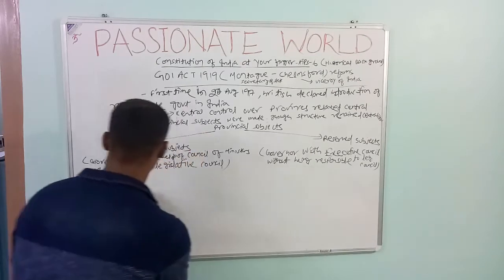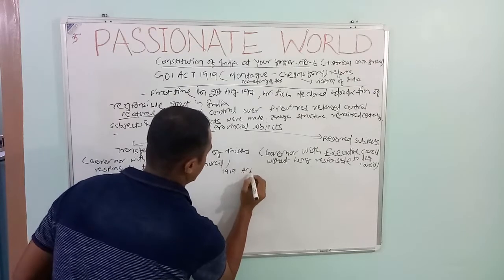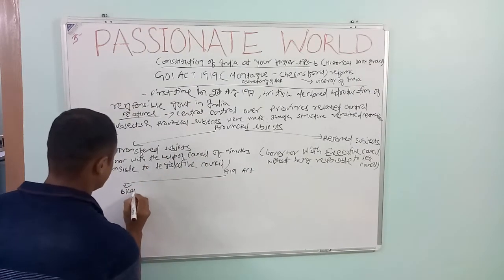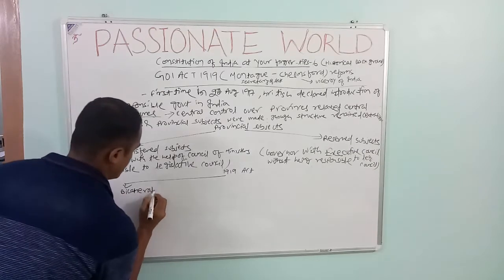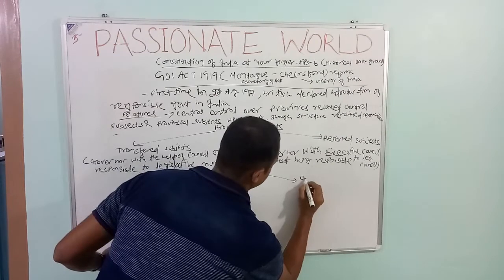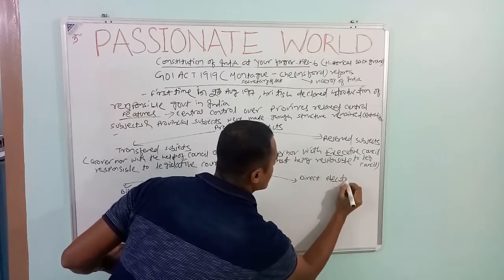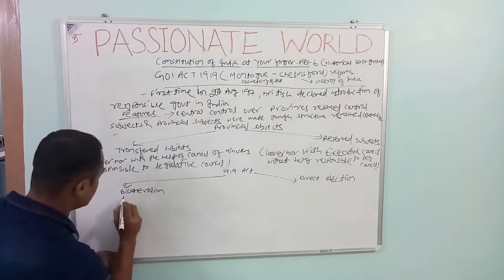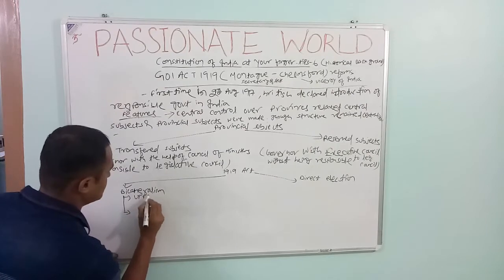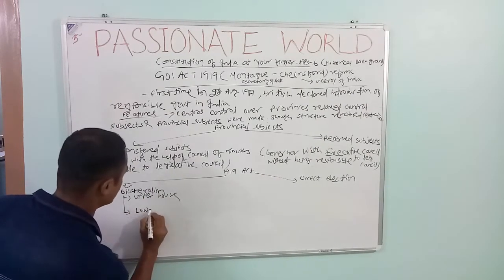What other changes did it bring? First time it changed the structure. What changes? Bicameralism and, second, direct election. Bicameralism is what? First the upper house, then the lower house.